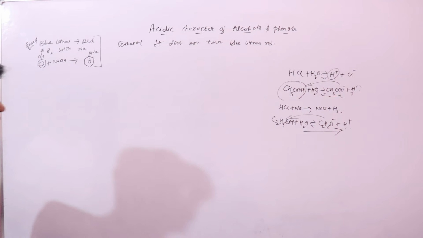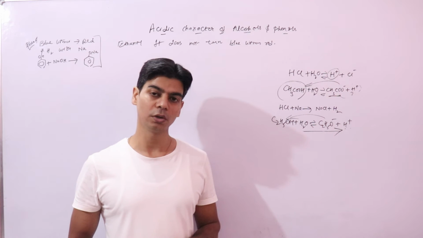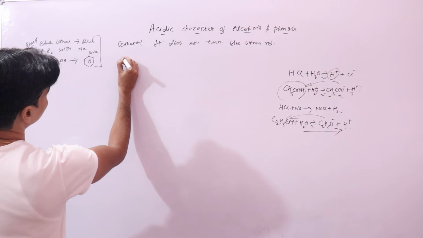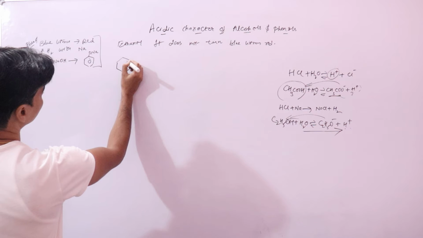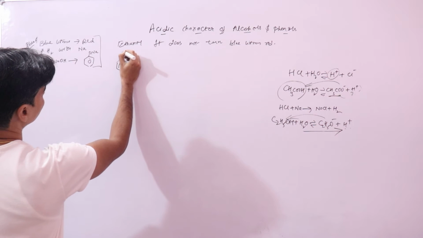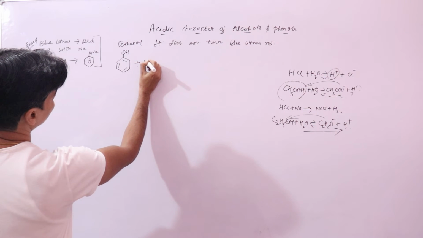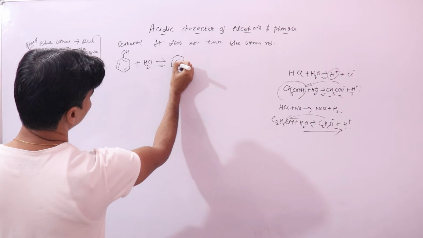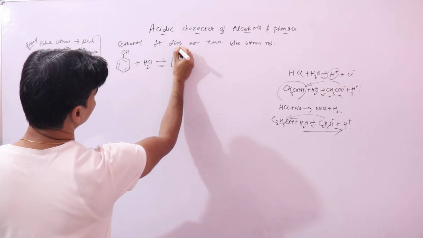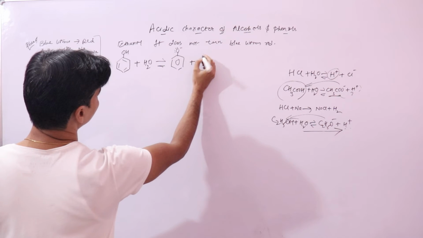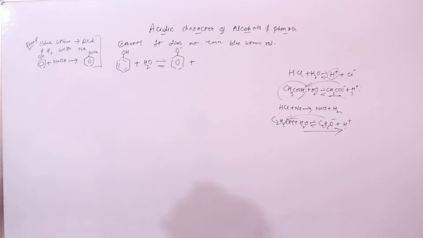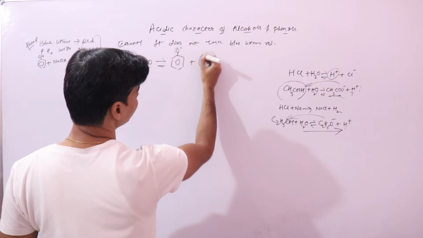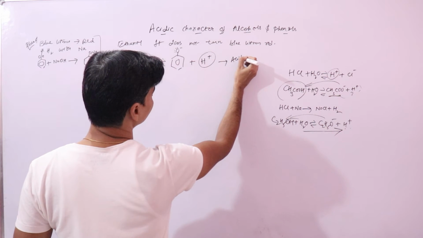Right, now let's look into the reason why phenols are more acidic compared to alcohols. If you add phenol to water, it will form phenoxide ion plus hydrogen ions, right? Due to these hydrogen ions, phenol is acidic.